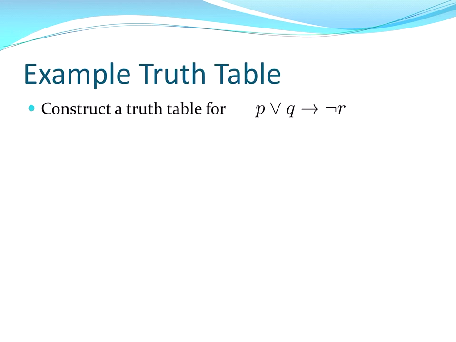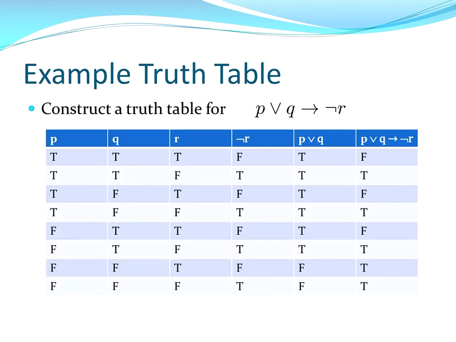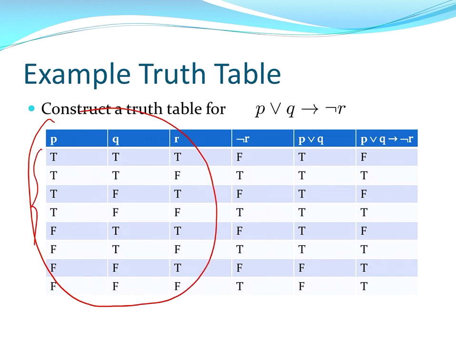All right, so here's a compound proposition. It reads P or Q implies the negation of R. Since we've got 3 atomic propositions in this compound proposition, we're going to need 3 columns to capture all of them. And you can see that we'll need 8 rows to get all possible truth values.